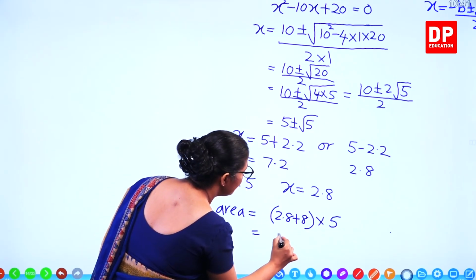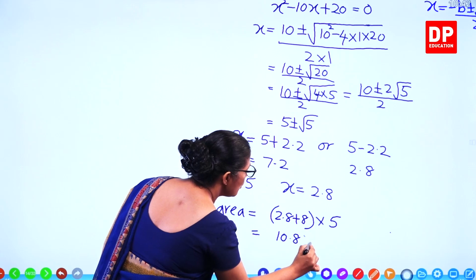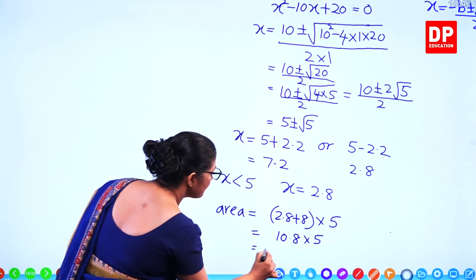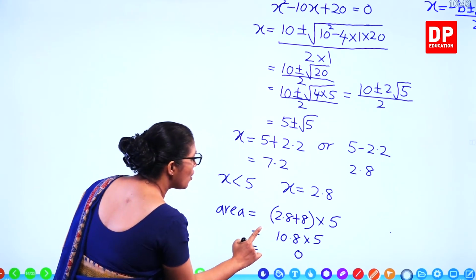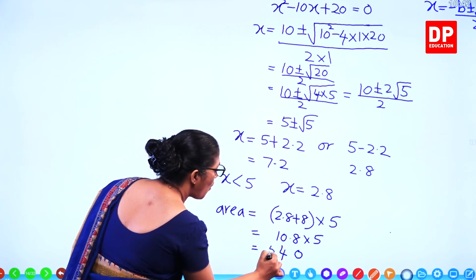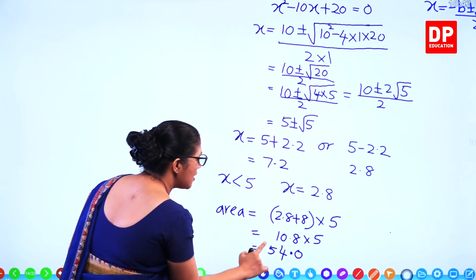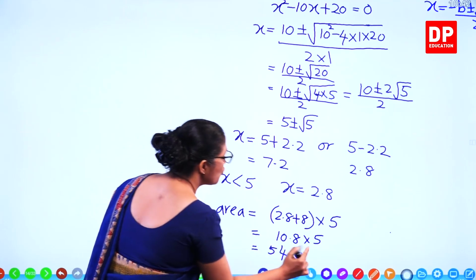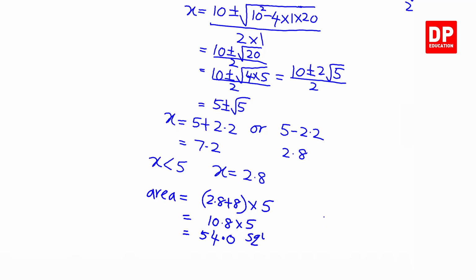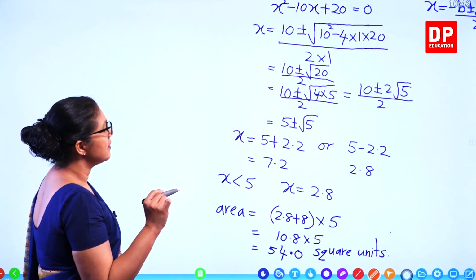You get 10.8 into 5. 40 and 1. So 1 decimal place. So 54 square units is the area of the rectangle.